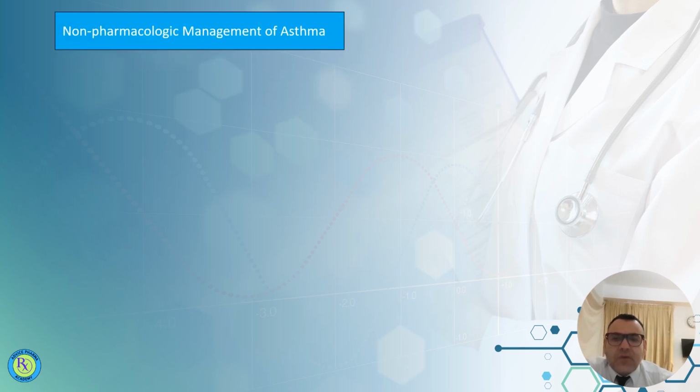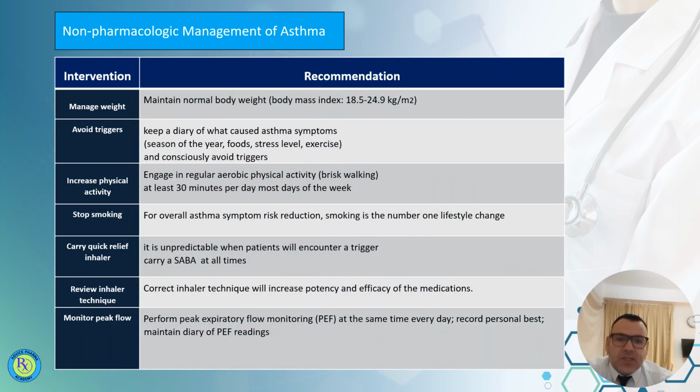What are the non-pharmacological management options of asthma? What are the tools we can provide to the patient, to advise them to reduce the symptoms and the exacerbations? A lot of things can be done, like weight management. We need to ask the patient to achieve a normal BMI of 18.5 to 25 kg per meter square.